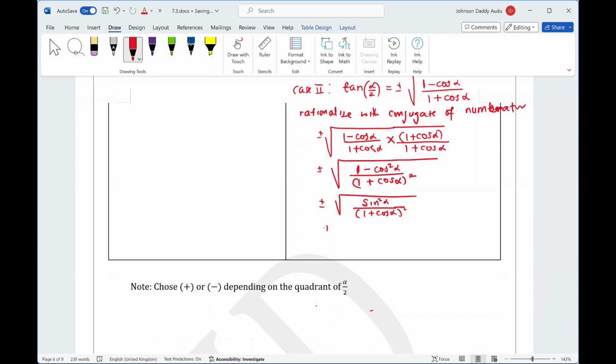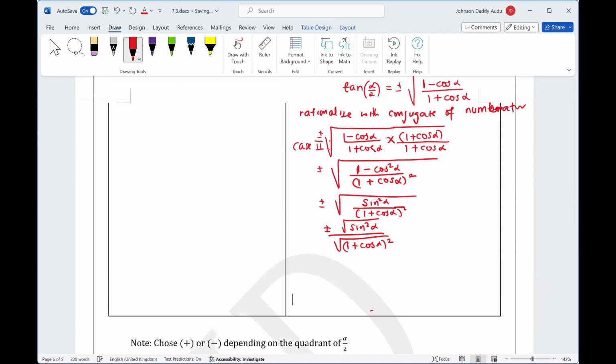Now you can separate the roots so that you have the square root of sine squared alpha over the square root of 1 plus cosine alpha all squared. Right. And now you can see that the numerator is going to be plus minus absolute value of sine alpha over, this is just going to be the absolute value of 1 plus cosine alpha, right?